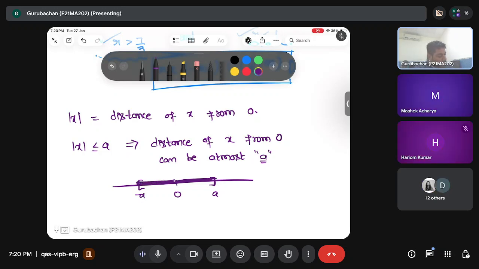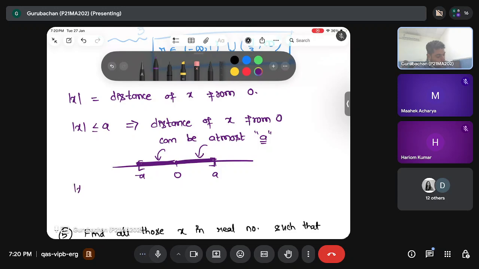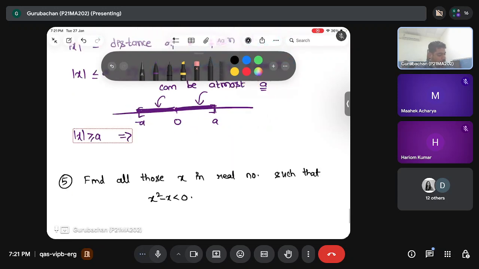Yes. So whether your x falls here or here, it has to be combined, correct? Yeah. Because it is a bounded region. But if you talk about mod x greater than or equal to a, then what does that mean?